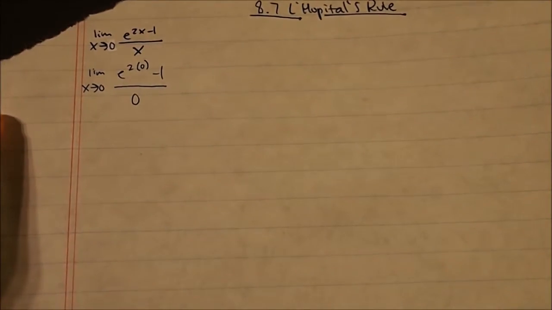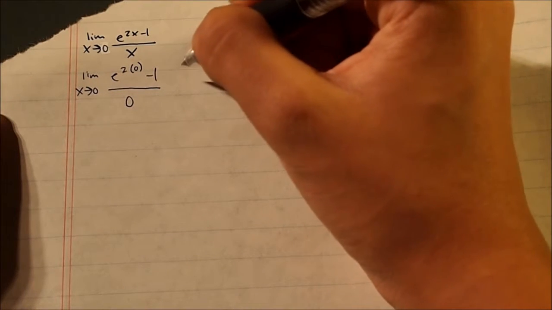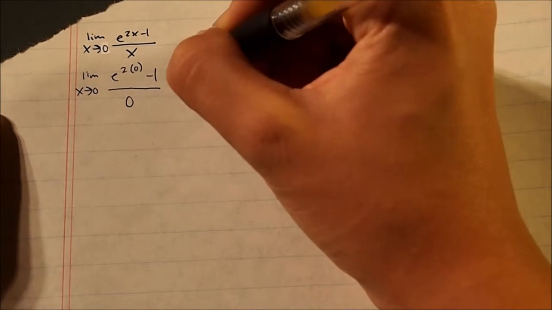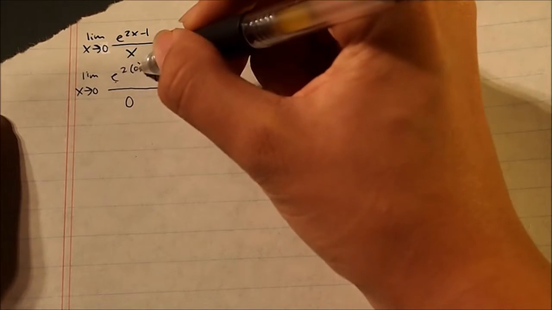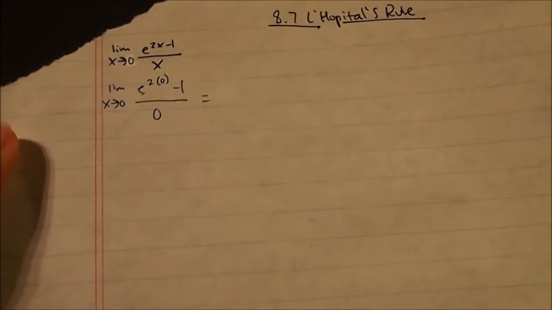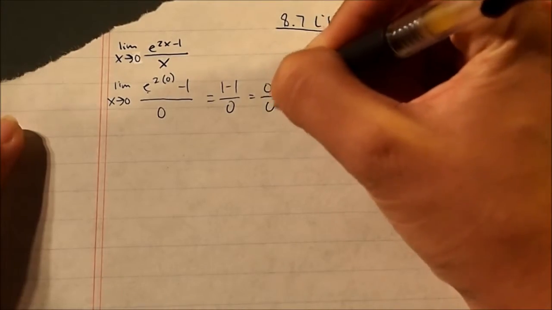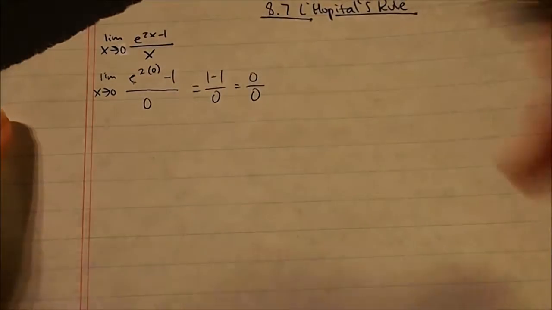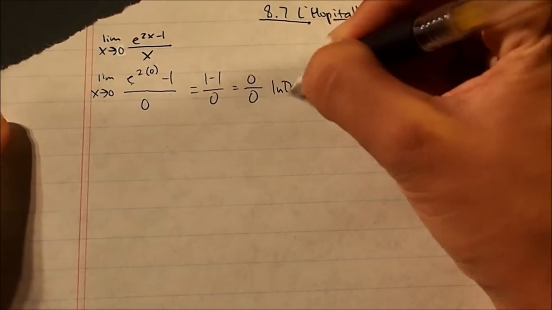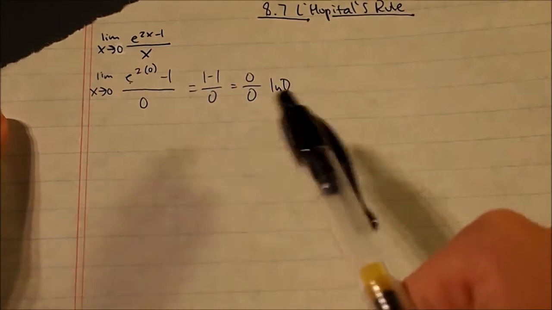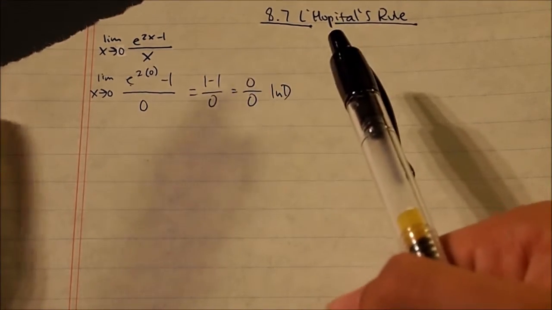It represents another number. From here, e to the 0 power is 1. So you get 1 minus 1 over 0, and you get 0 over 0. Now 0 over 0 is an indeterminate form, and because it's 0 over 0, you can use L'Hopital's rule.